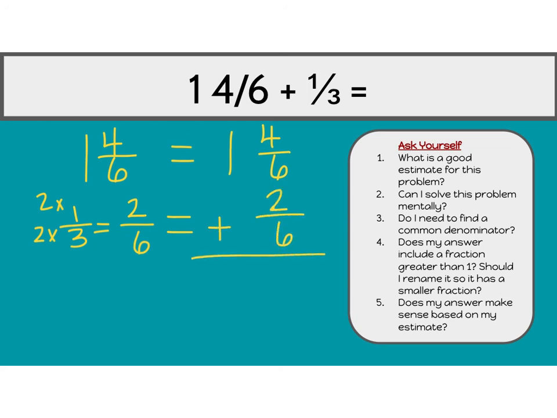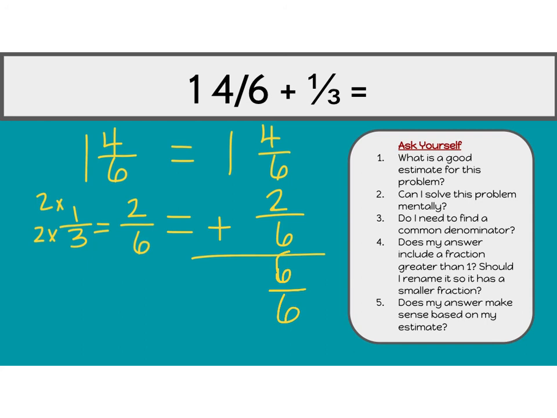And we're going to add. So again, I'm going to start in that right column, the fraction column. And I am going to add my 4 plus my 2, which just so happens to equal 6. Over 6.